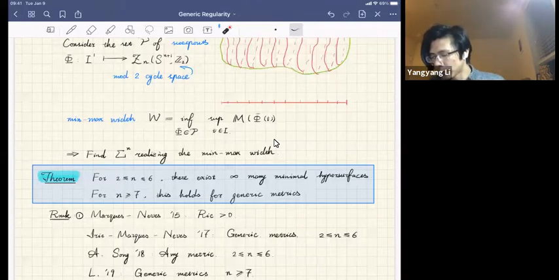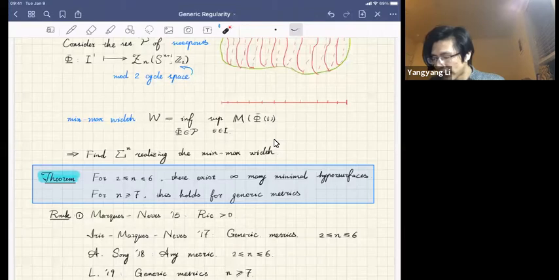This result was due to the development of my advisor Marques and his collaborator, Neves. So in 2015, they showed that this is true if the Ricci curvature is positive. And later in 2017, Irie, Marques and Neves showed that for generic metrics, when the dimension is between 2 and 6, Yau's conjecture holds, we can find infinitely many.